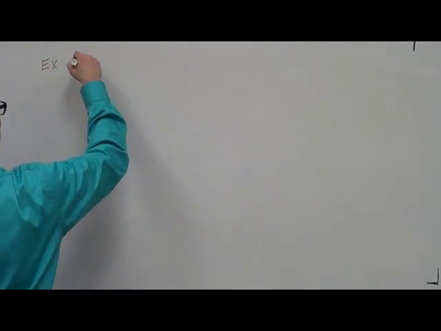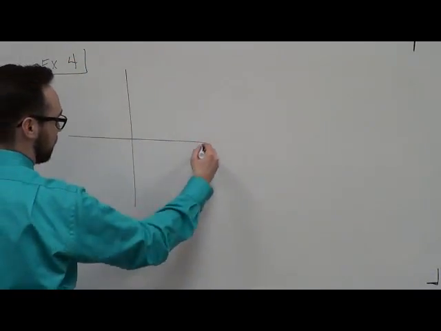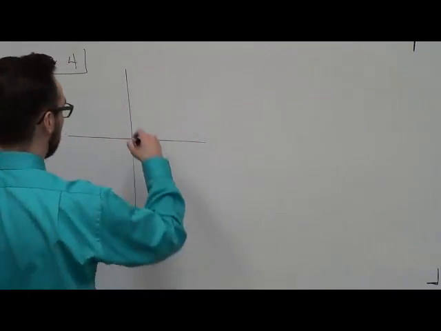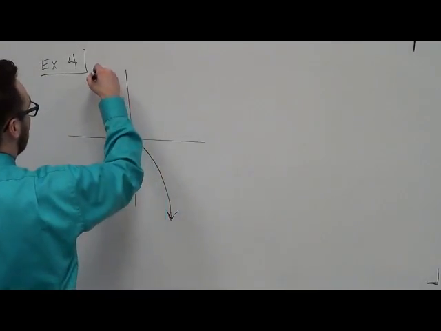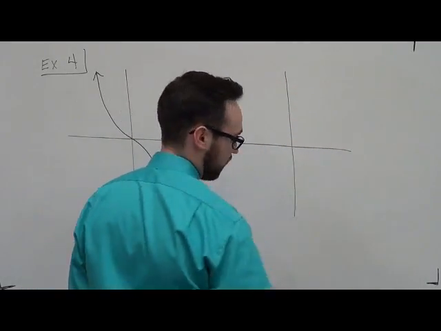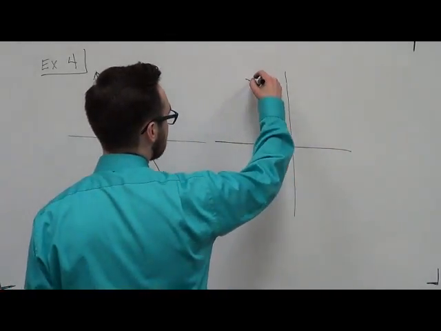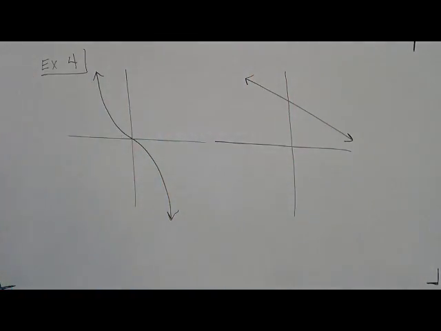So we are on example number 4 for this lesson. If I give us two graphs, and this is one of them, and this is the other one, linear versus nonlinear.